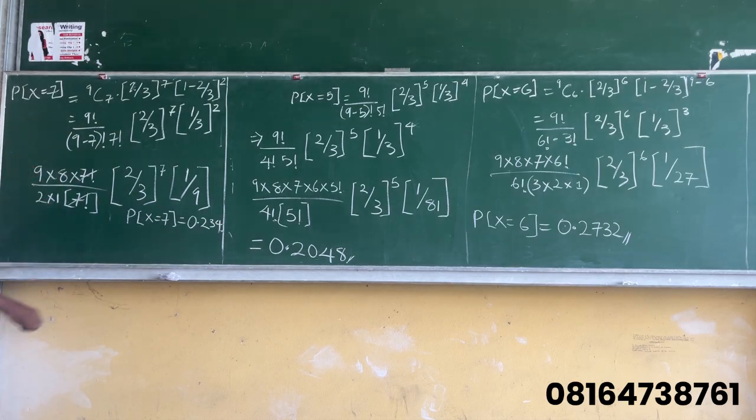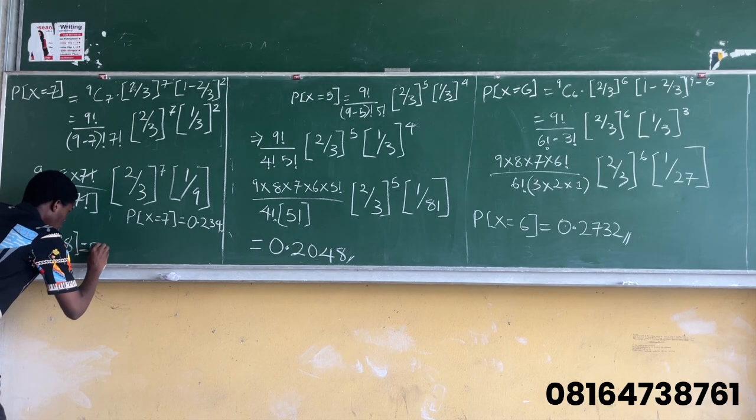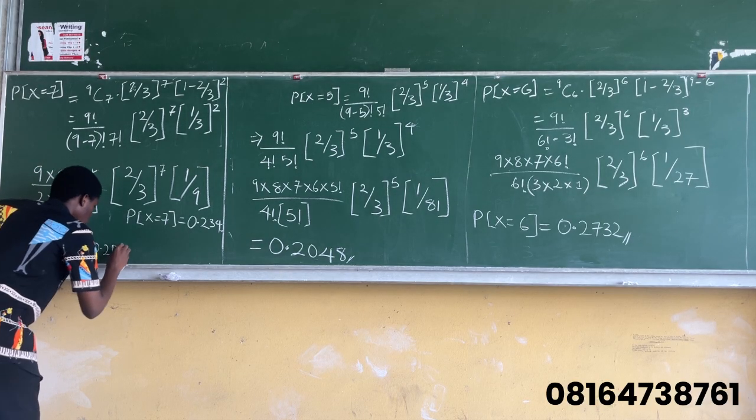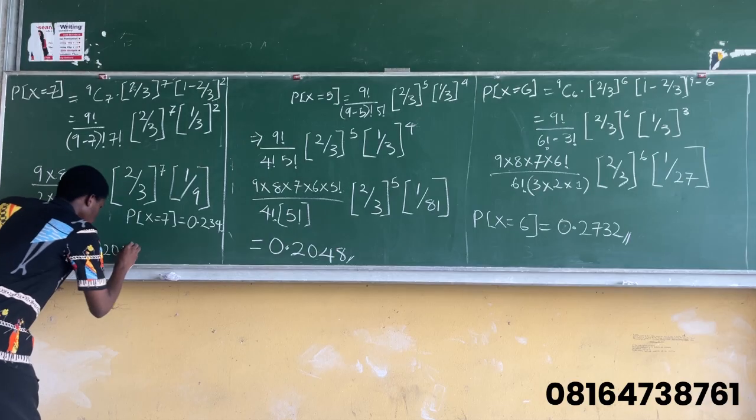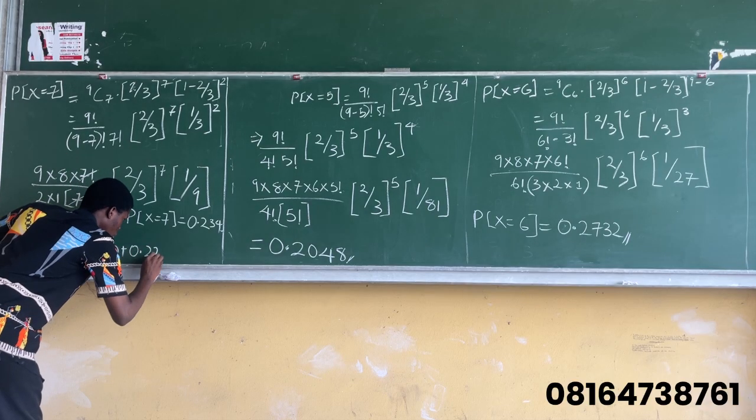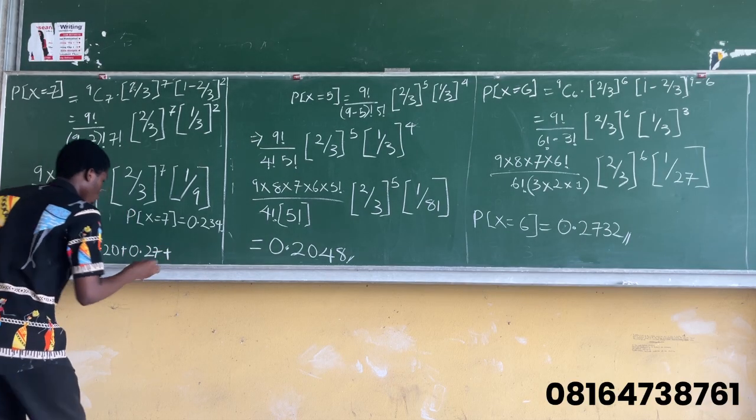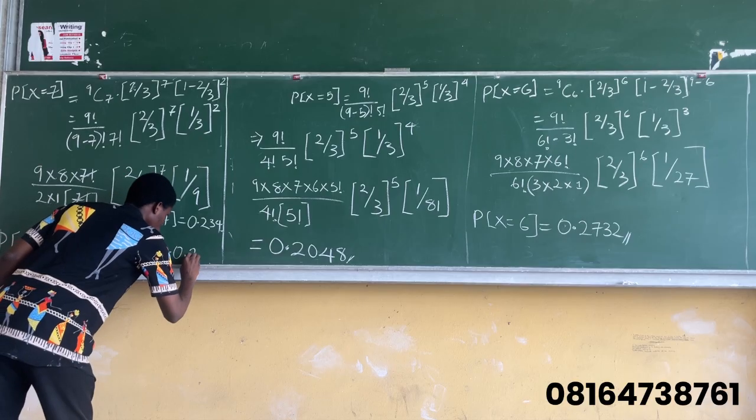Let's stop there. So now the probability that 4 is less than x less than 8 is equal to what? Collect all the numbers there. 0.20 plus 0.27 plus 0.23.